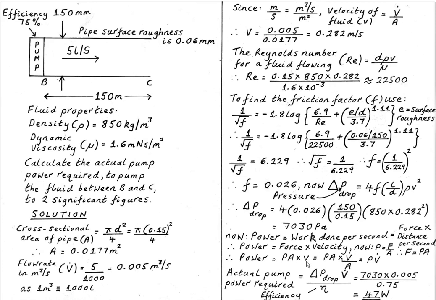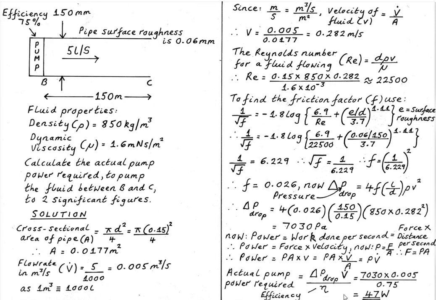So substituting the velocity as volumetric flow rate over cross-sectional area, you can notice here that this A cancels with this A, so the power of the pump is given by the pressure times the volumetric flow rate. So the actual pump power required will be pressure, in this case the drop in pressure, delta P drop, times the volumetric flow rate divided by the efficiency eta.